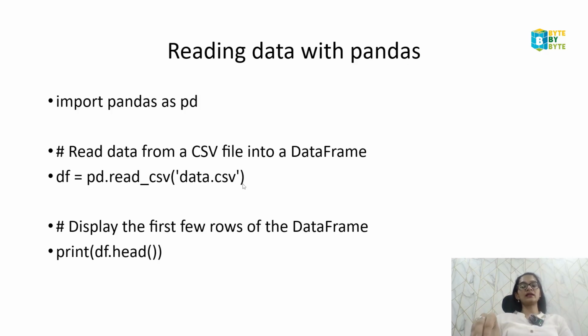If your file is not in the current working directory, you have to give the full path of the file. Then you can say df.head, which gives you the first 5 rows of the CSV file.